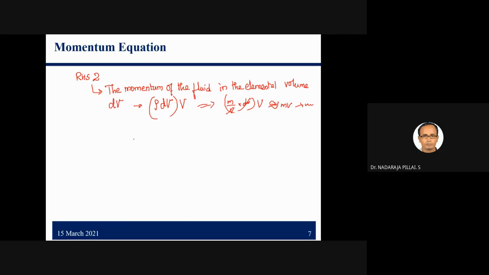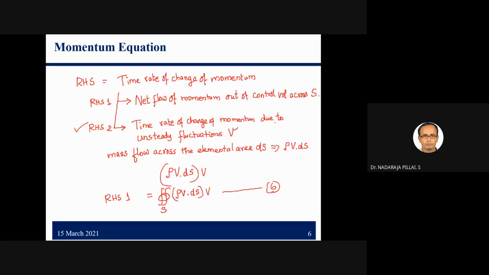Here we can write equation number 7, which is equal to the time rate of change of momentum for the entire volume V: the partial derivative with respect to t of the integral of rho V dV. So this is RHS2. So this becomes equation 7.